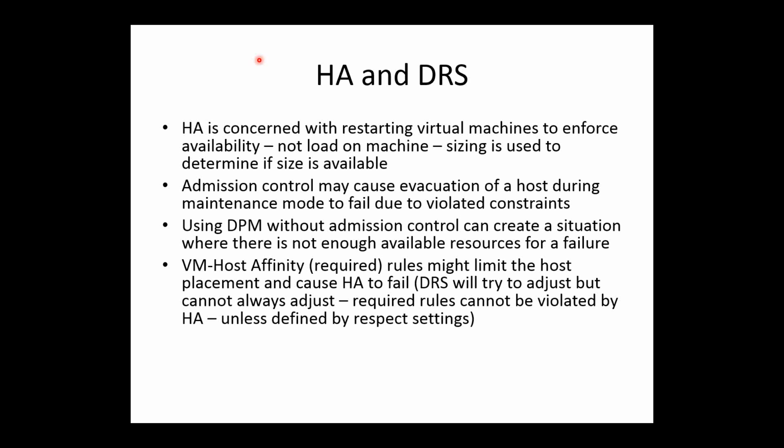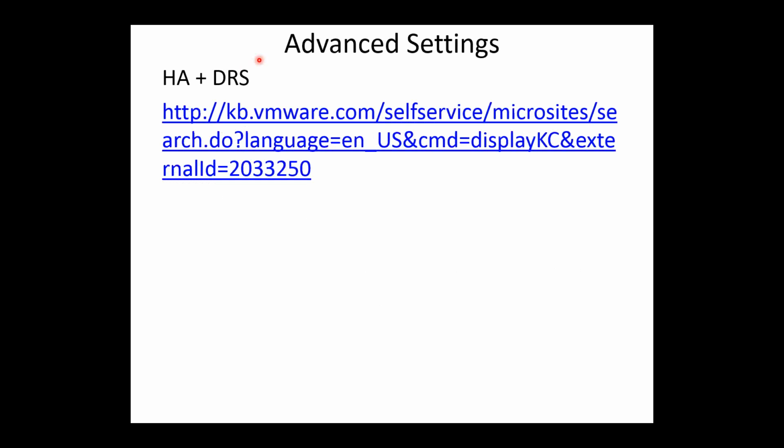I think that's self-explanatory, but it's something to look at if you're going to use DPM. And the host affinity required rules, I think I already mentioned this, will cause HA to fail when placing things.